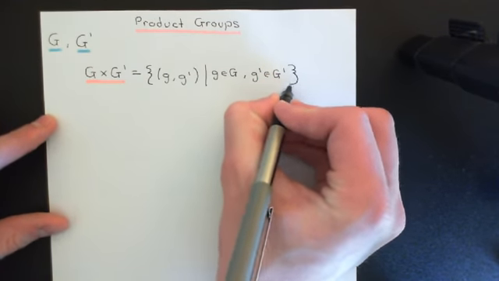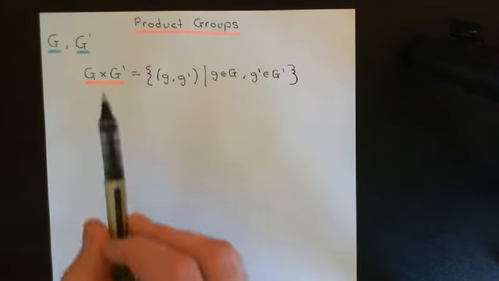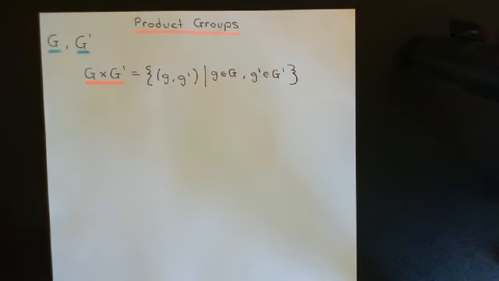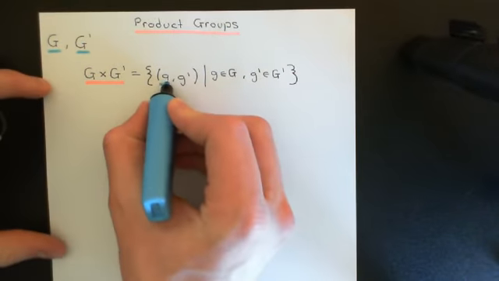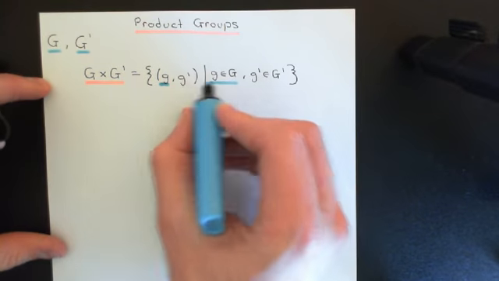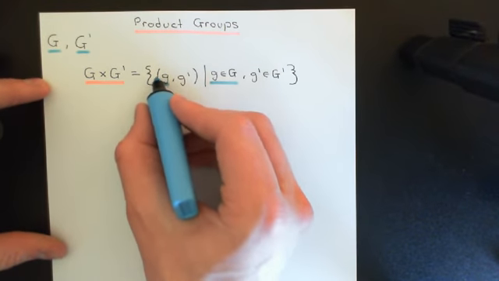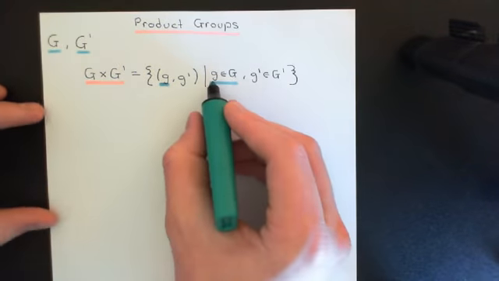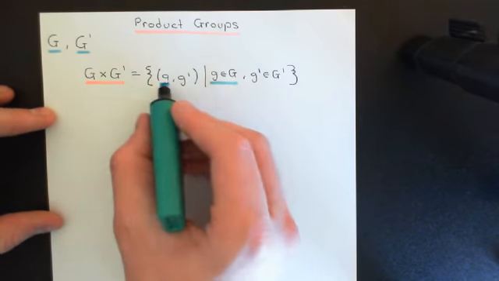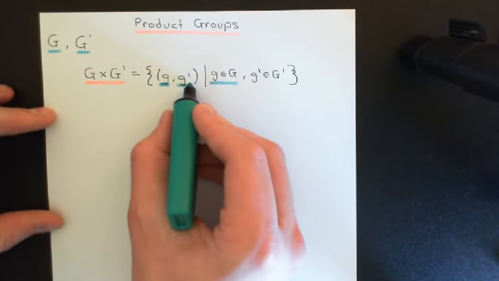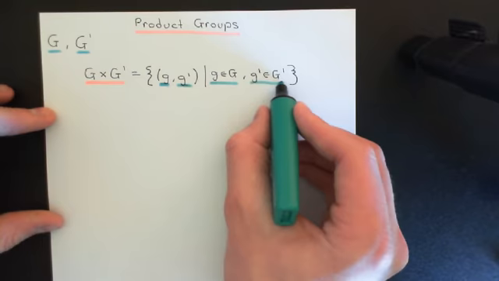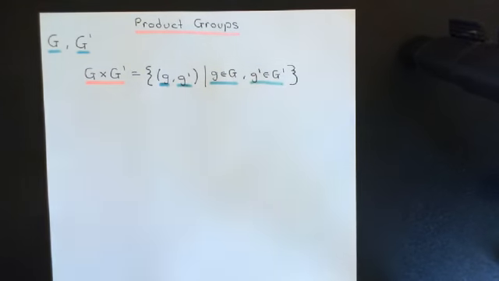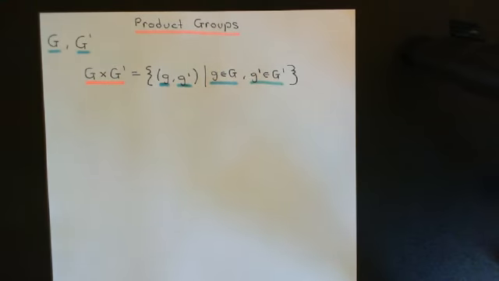Quite simply, you go through every single element of the first group, capital G, and put that in the first slot. Then for every single element of the first group that you put in there, you let the second element in this ordered pair, which is an element from the second group, capital G prime, vary over all of capital G prime.